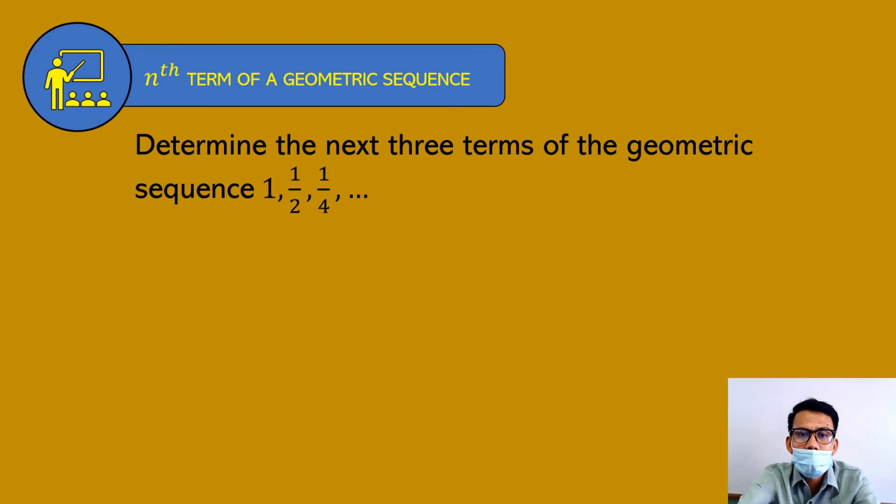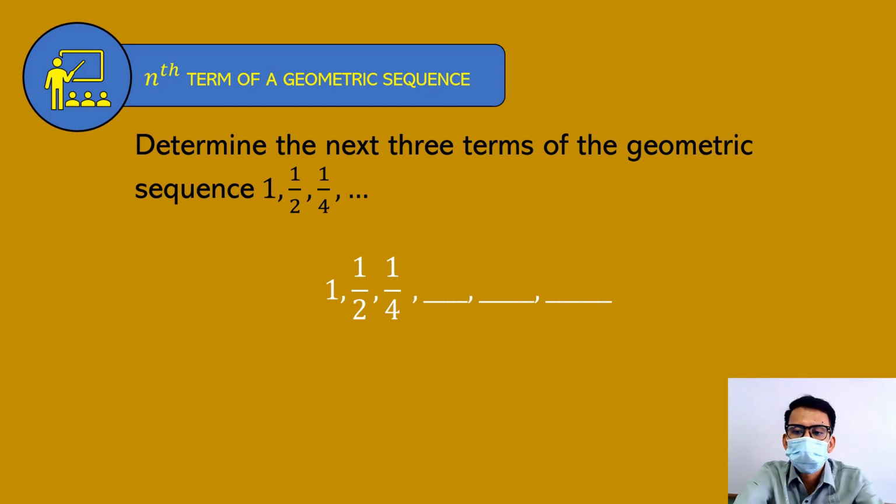Okay, let's try this next example. Determine the next 3 terms of the geometric sequence: 1, 1/2, 1/4, and so on. So the first term is 1, the second term is 1/2, the third term is 1/4. We need to find the 4th term, 5th term, and 6th term.